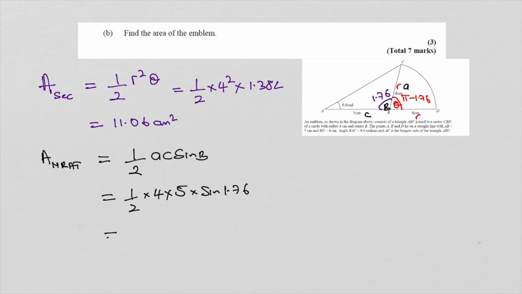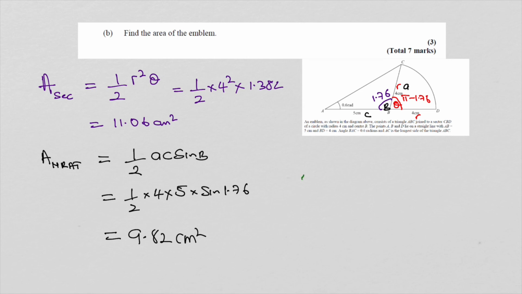Again, you have to make sure you're working in radians. So check the top of your screen to show that it's R, and then 5 times 4 is 20. 20 divided by 2 is 10. So 10 times sine 1.76, close bracket, and we get 9.82 centimeters squared. So that's the area of the non-right angle triangle.